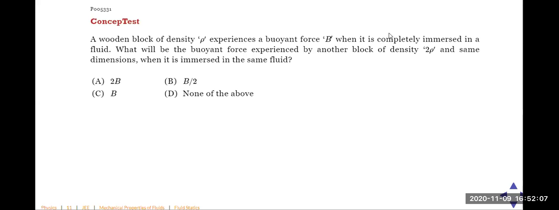What will happen to buoyancy if the density is 2 rho? Let's see the answer. It will be the same, because the volume occupied will not change. Yes, very good, Sanya. Very good, everyone.